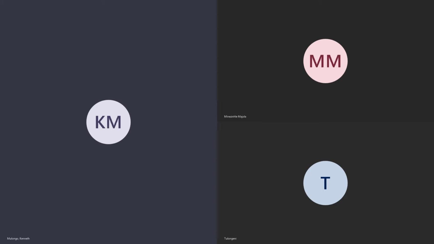Just let me know when you can see my screen. Can you guys see my screen? No. No. Oh, you guys still can't see it? Not yet. I also can't see it yet. I can't see it.